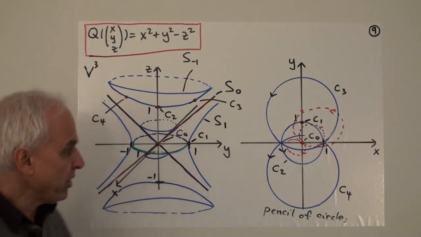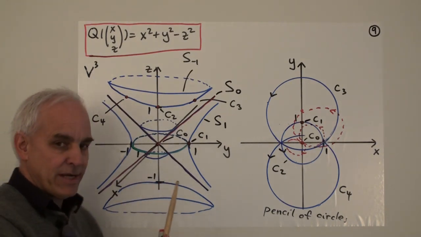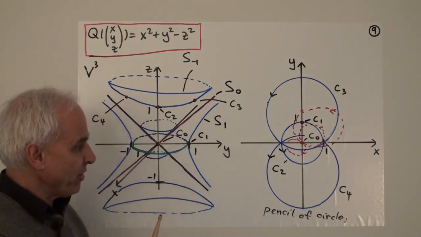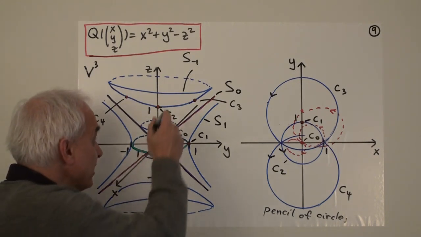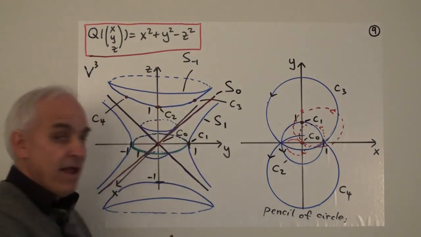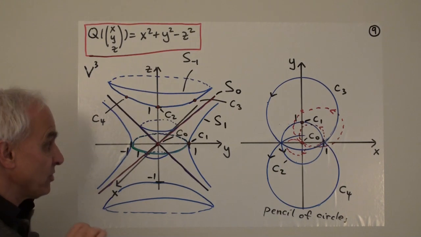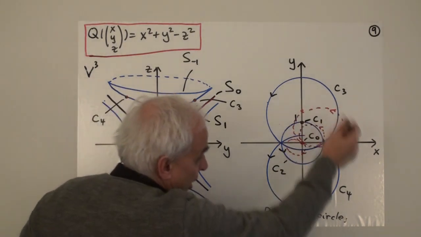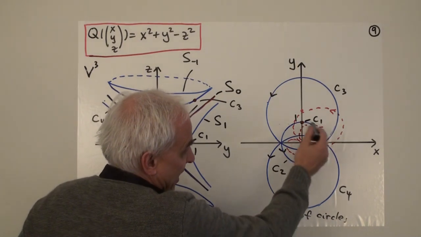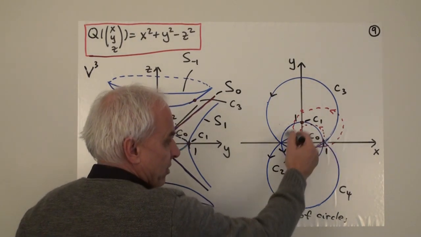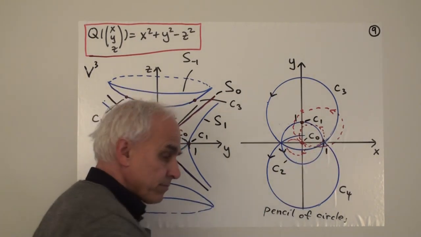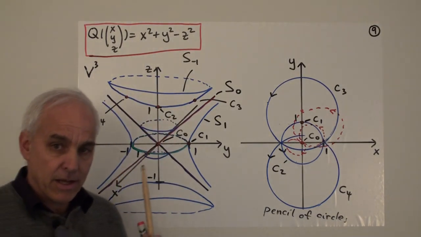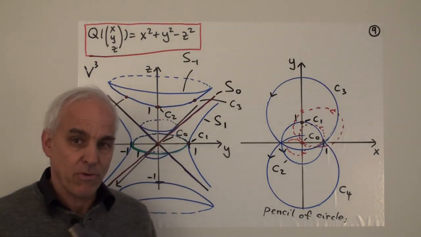So this hyperboloid of 2 sheets has a very concrete realization. You can think about the points on this hyperboloid as corresponding exactly to circles which are in the plane and which in fact meet this given circle, what we're calling C2, in a pair of diametrically opposed points.